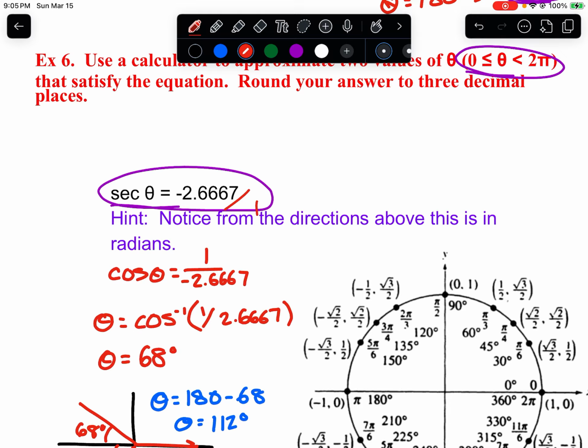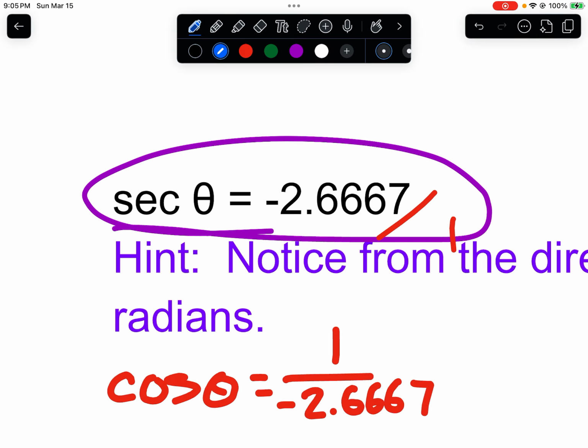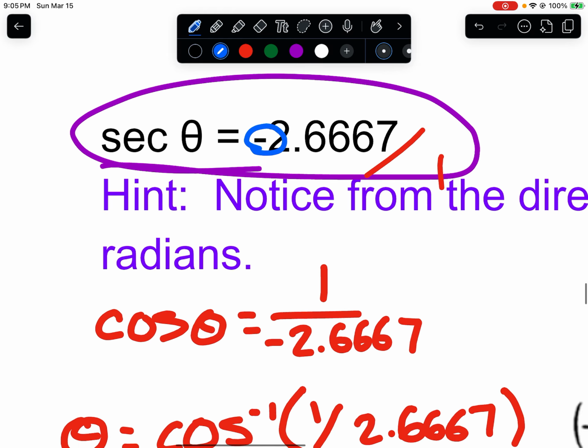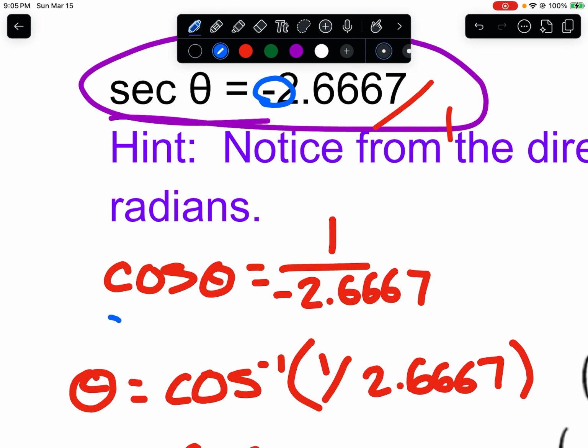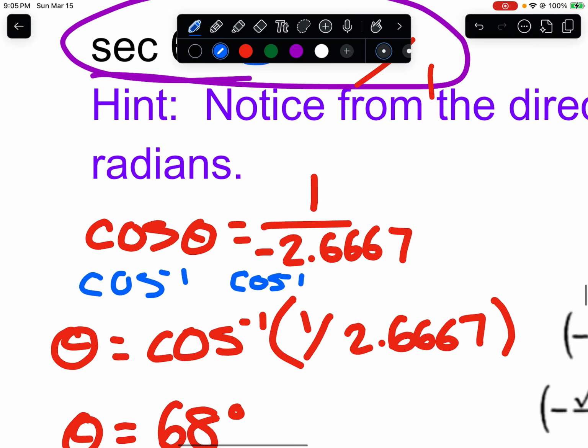Now the weird part, and this works for any trig function that you're dealing with: sine, cosine, tangent, secant, cotangent. If you're given a negative value, like here we're given secant is equal to negative 2.6667, when we do the inverse cosine on both sides, I'm going to type in 1 over the positive value.